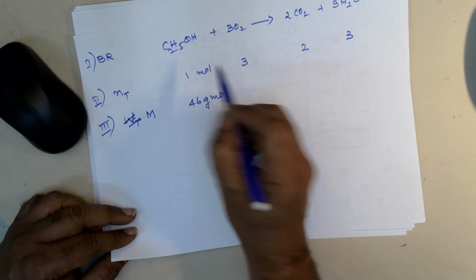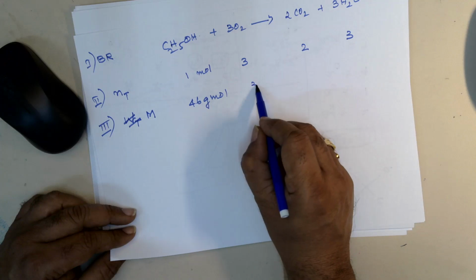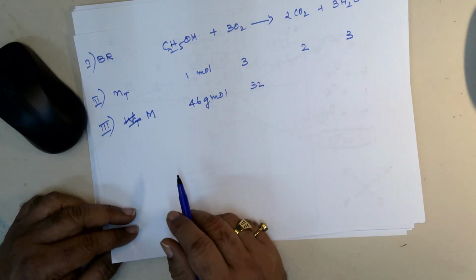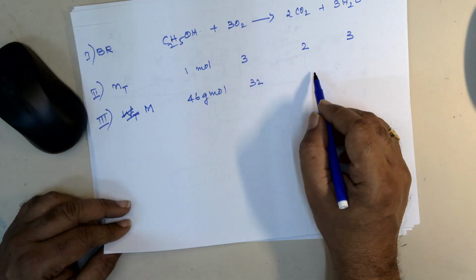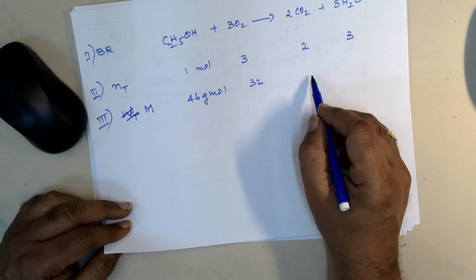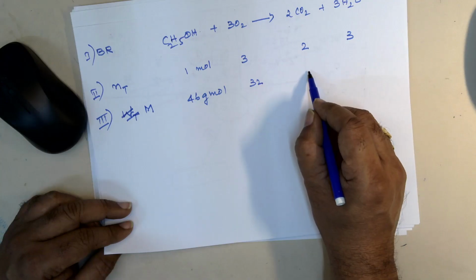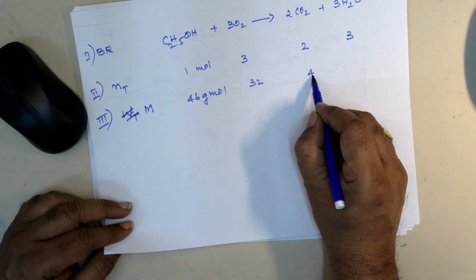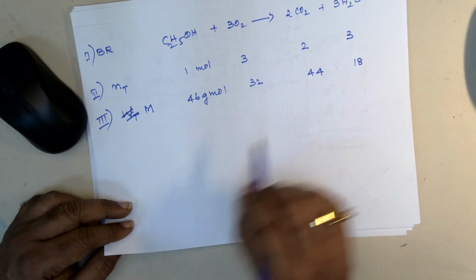This is 1 mole. And oxygen 32, is it not? And what about this one? Carbon dioxide, carbon 12, 44. What about water? 18.